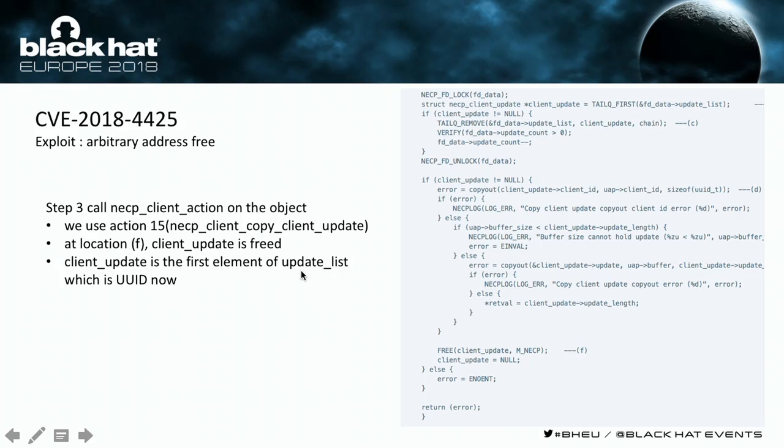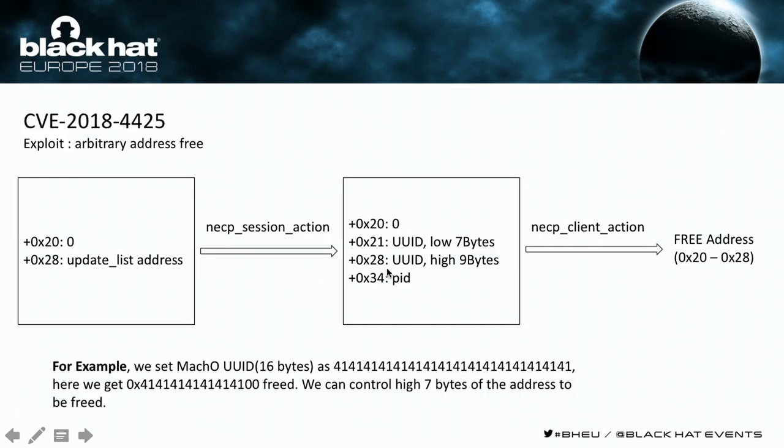What does it mean? Let's see this one. The client update is the first element here. So the free function actually frees the kernel address, which is stored starting at offset 20.